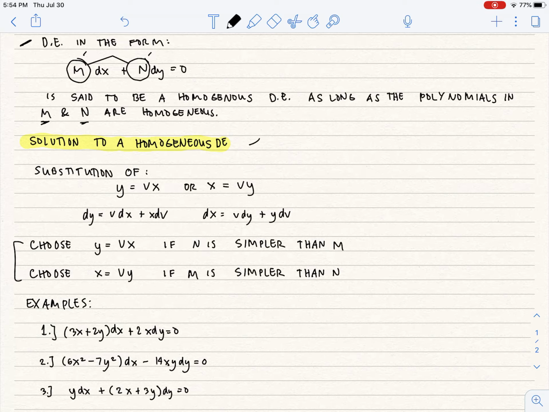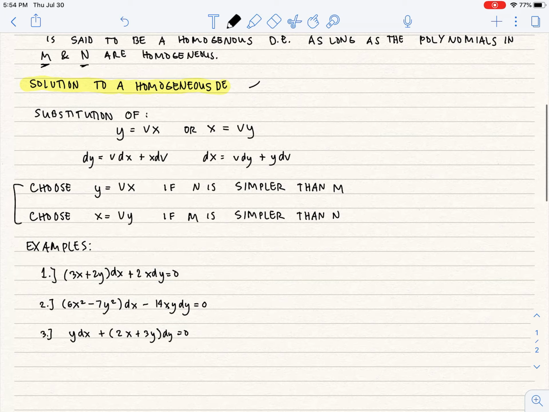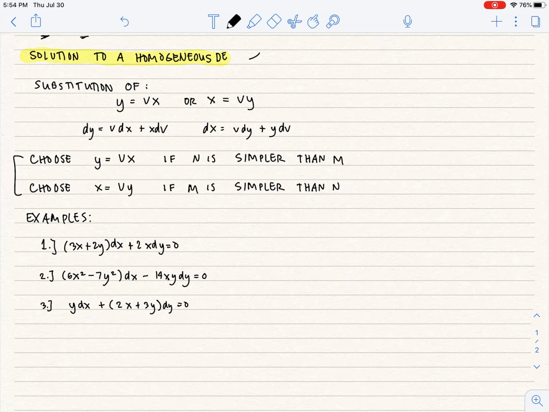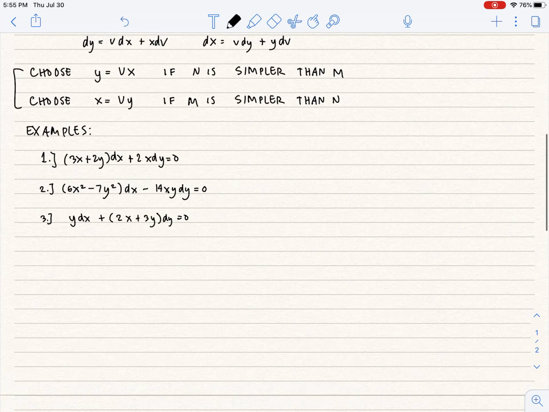And number 2, choose x equals v multiplied by y if m is simpler than n. Later I will explain the logic of this, why we choose this when n is simpler than m, and vice versa. It will be answered as we proceed to the examples.